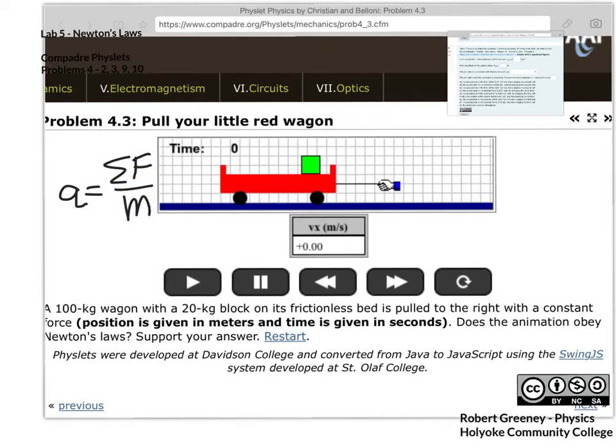We say the sum of the forces, but there's really only one force, and because of the wheels we can assume that this is relatively frictionless as well. So we know the mass, but we don't know the force or the acceleration, but we can measure the acceleration and thus we can get the force.